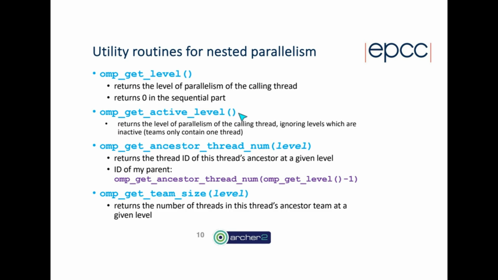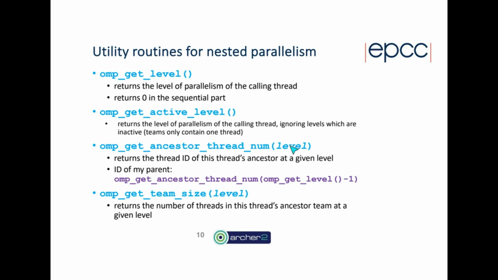Get active level does the same thing, but it ignores levels which are inactive. An inactive level of parallelism is a team that only contains one thread. So get active level tells you how many levels of parallelism you are in that actually created threads.